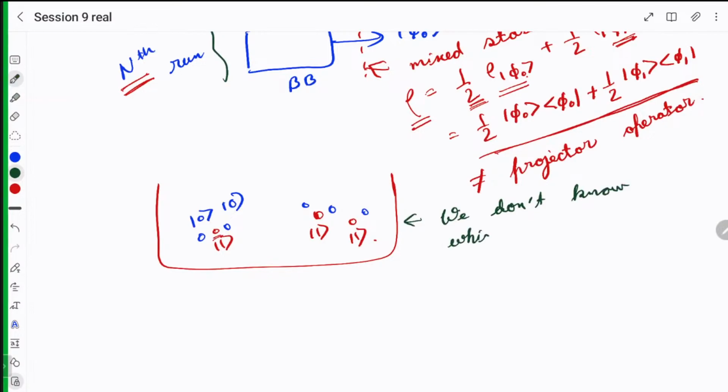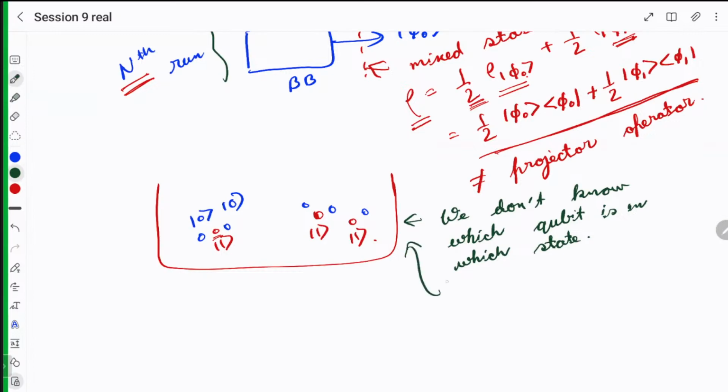which qubit is in which state. It can be any qubit system, let's say electron, photon, anything. So we know that some of them are in zero, some of them are in one. And although I'm marking that these are in zero, these are in one, we actually don't know which qubit is in which state.